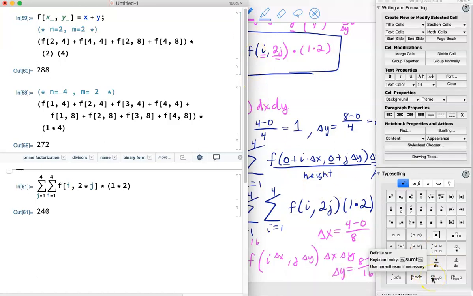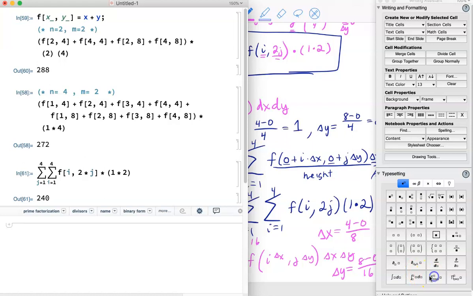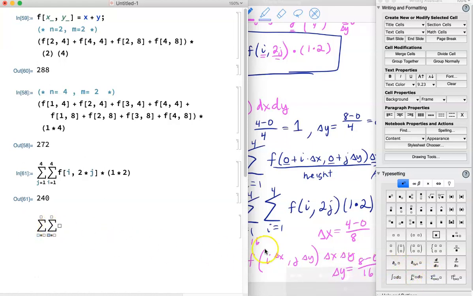In Mathematica, you could insert another sigma, two of them. Because we have defined the function, you could evaluate the function at i times 4 over 8, which is delta x, which is a half, or you can say i divided by 2. And then j would have been multiplied by delta y, which is 8 over 16, so j divided by 2.